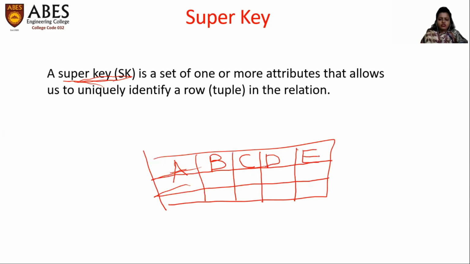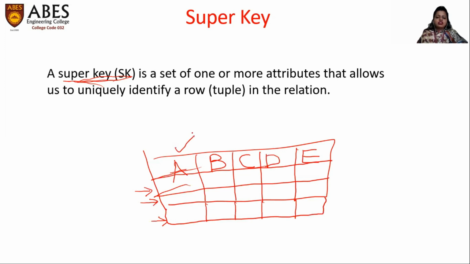If you want to uniquely identify each and every tuple, this is the first tuple, this is the second tuple. There can be any number of tuples depending upon the question given to us. So what is a super key? If you want to uniquely identify each tuple, you need a super key. This super key can be the A column alone, or it can be a combination of A plus B.